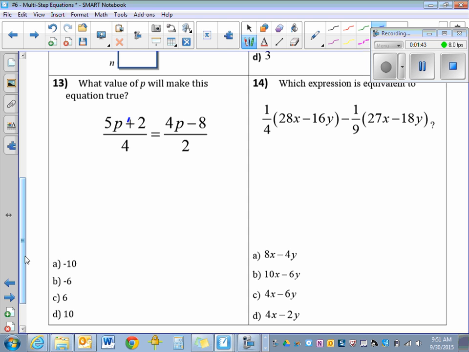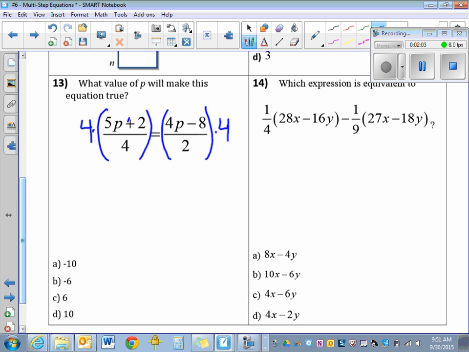So if I'm currently dividing by 4, what do I need to do to get rid of that? Multiply by 4. So I'm going to multiply the entire side by 4. Mohammed, we're working on our notes from yesterday. Alright, and both sides have to be multiplied by 4.